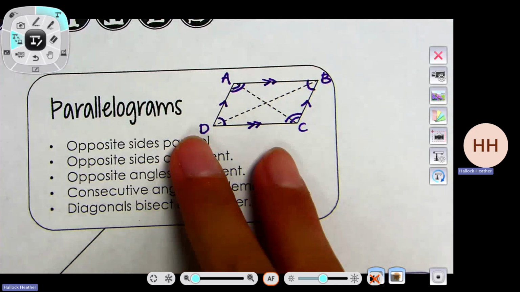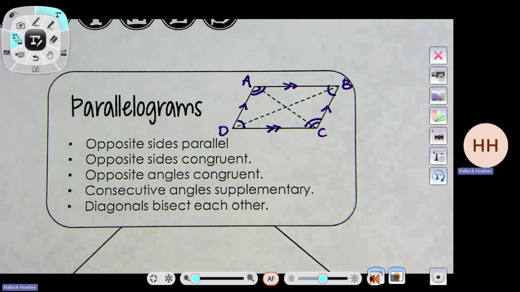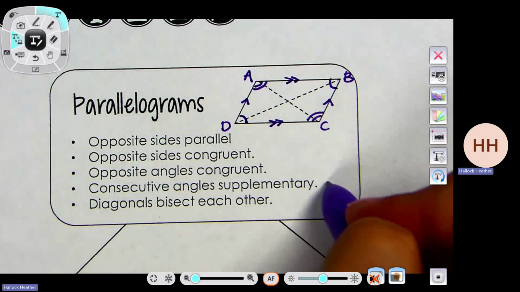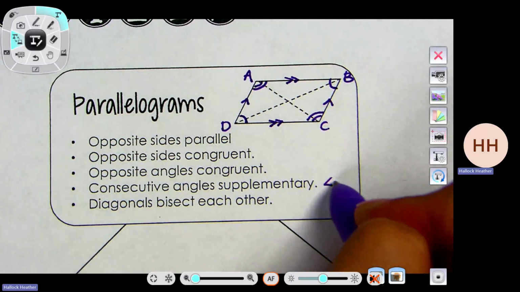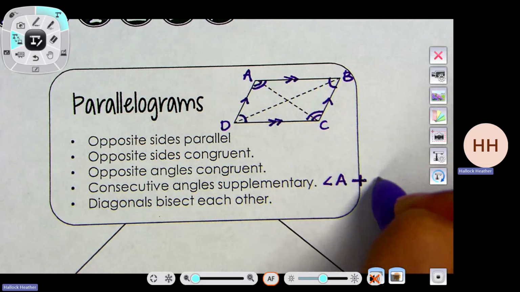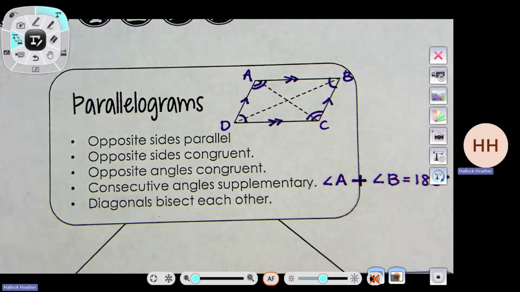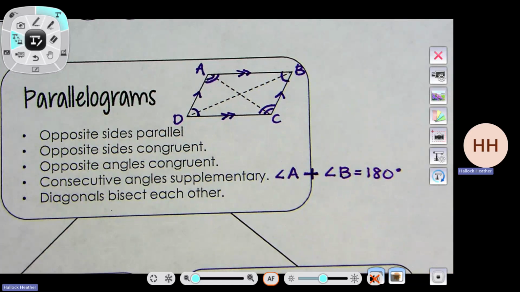D and C would add to make 180. B and C would add to make 180. So if you're working your way around, anything that's next to it would add to make 180. So right here, we're going to say angle A plus angle B equals 180, just to have a little example. So supplementary means 180.